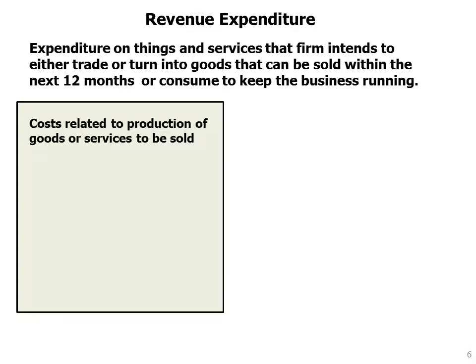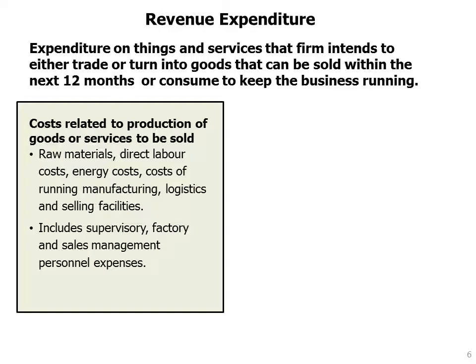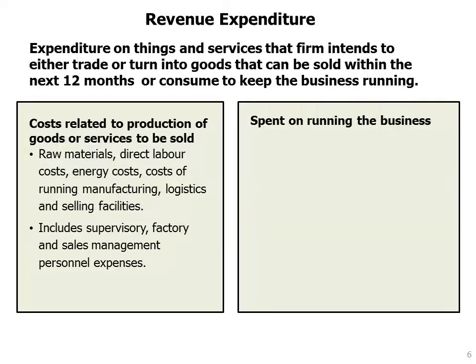So costs related to production of goods or services to be sold, so direct costs, raw materials, direct labour costs, energy costs, cost of running manufacturing, logistics and selling facilities, and also indirect costs such as supervisory, factory and sales management, the cost of the factory itself.